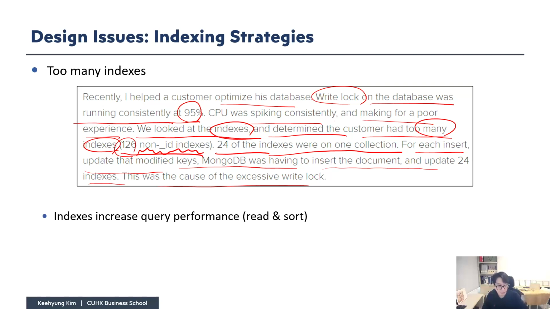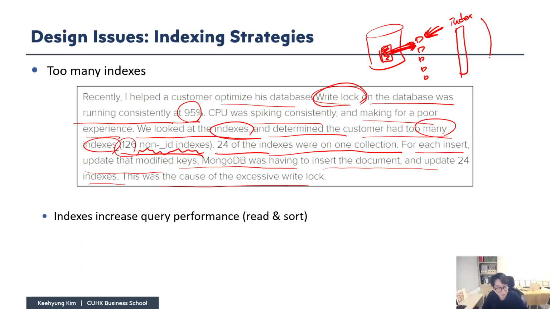So here, what it means is this. There are some words like write lock. So write lock is this. Let's say this is a MongoDB server and we have some collection. In the collection, we have multiple documents. And in MongoDB, when you update a certain document, it's not just MongoDB, when you update a certain piece of information in a collection or a table, the index should be updated together.